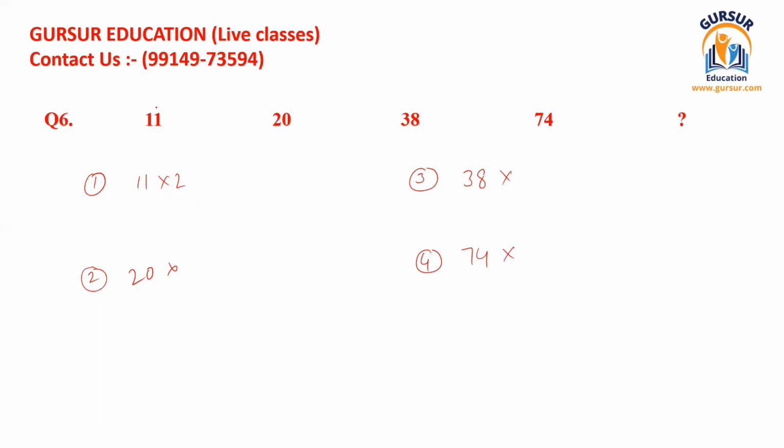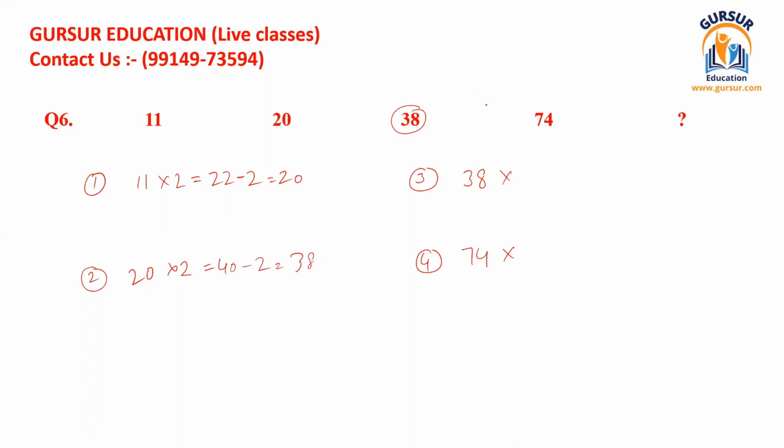And now, what should be the minimum number which should be multiplied with 11 so that we get very close to 20, and we all know that this is 2. When we multiply 11 by 2 we get 22, and when we minus 2 from that we get the value of 20. In the same way, when we multiply 2 with 20 we get the value of 40, which is very close to 38, and when we minus 2 from that we get the value of 38, and this is very easy.